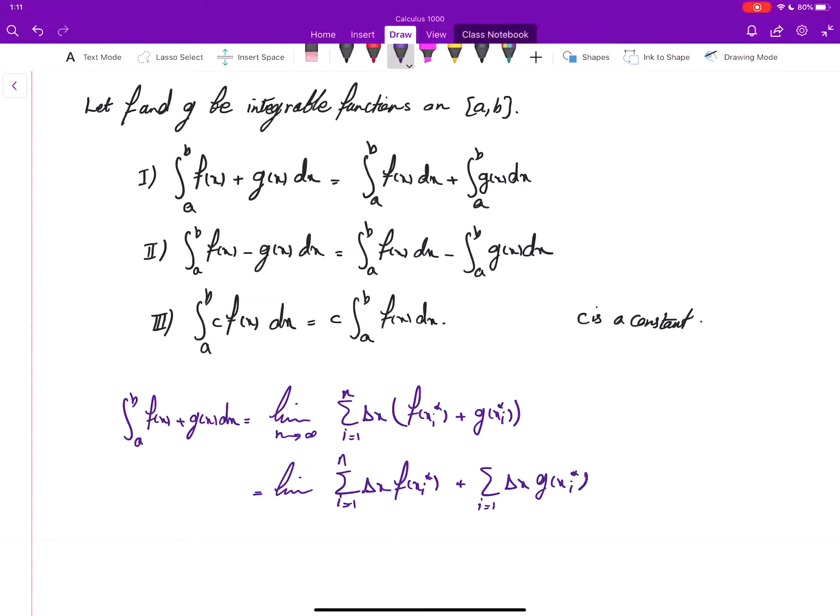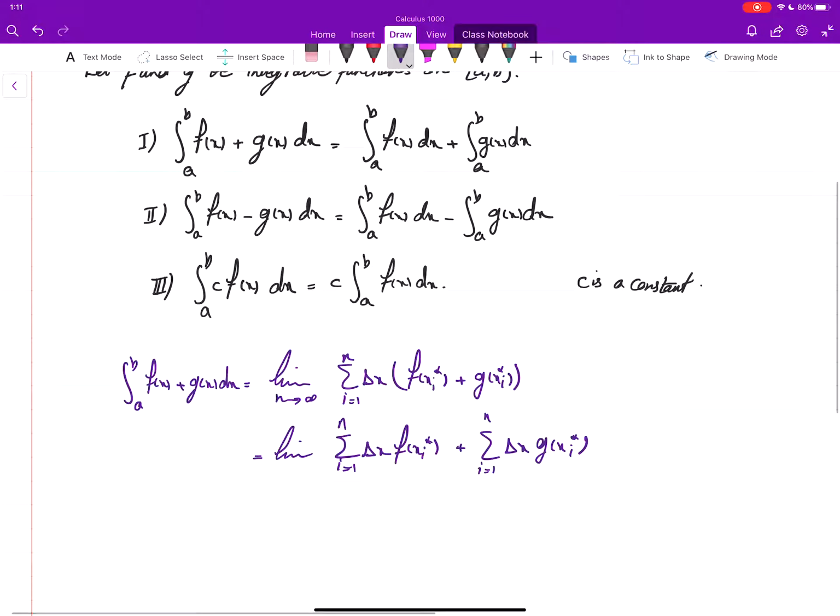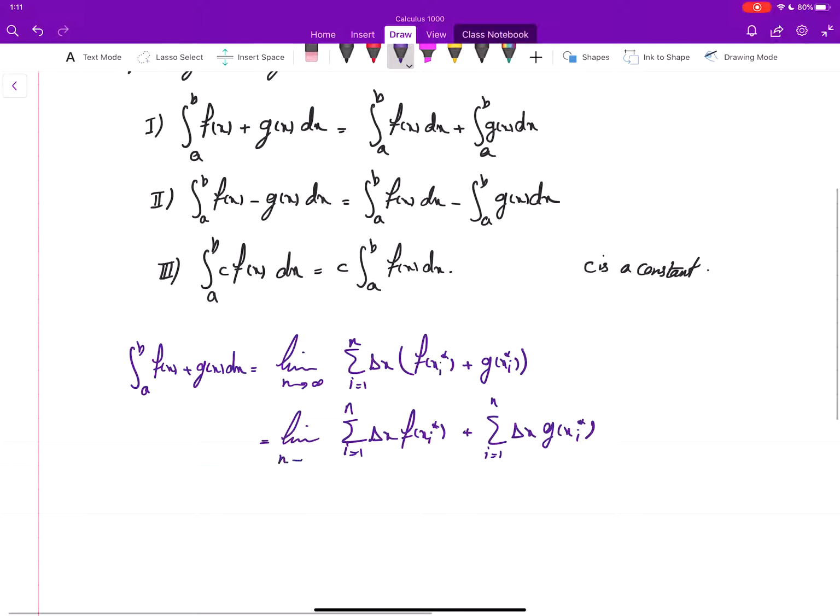With i equals 1 to n. And this is one of the properties of sigma notation. From there, since f and g are integrable, this piece has a limit and this piece has a limit. So the limit of a sum is the sum of the limits.